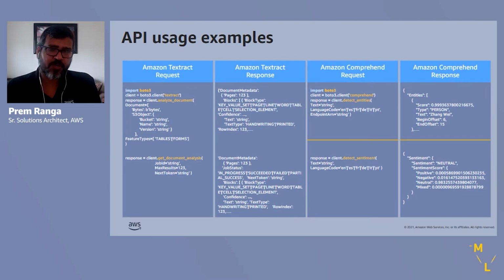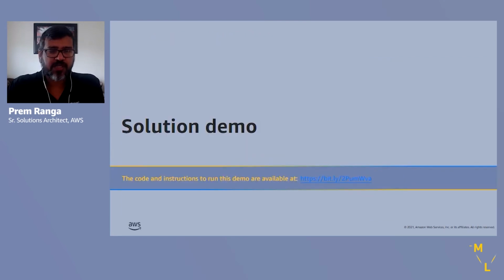So these are some of the API usage examples. In the demo, I will walk you through some more APIs that we will use for the purpose of the demo itself, and you can understand how to set up your own solution. All right. With that, let me move on to the next slide.